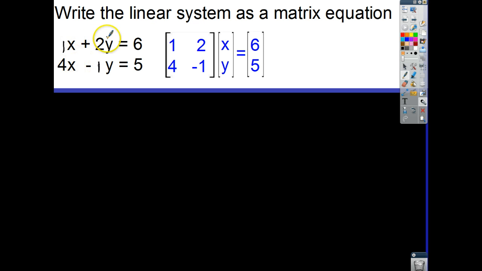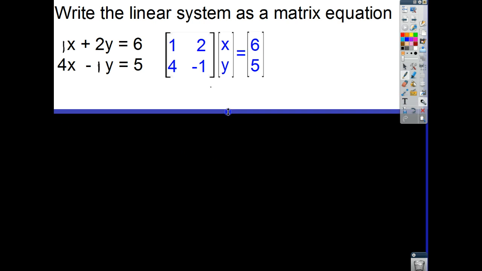So if you take the x's and the y's out, you have 1, 4, 2, negative 1. You put them in a column matrix, and we've already shown what this will yield. If we multiplied these two together, we would get this right here, and then of course the 6 and the 5 we put in a column matrix. That's all there is to changing from a system of equations to a matrix equation.